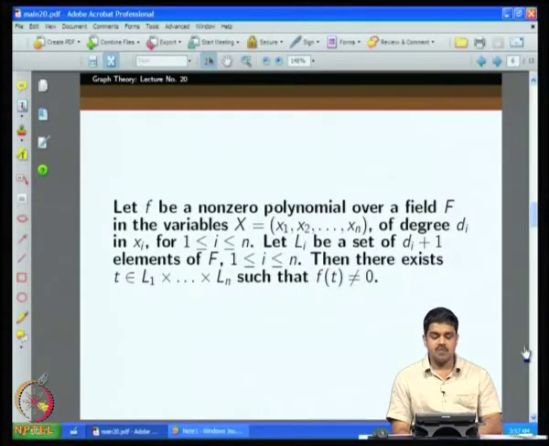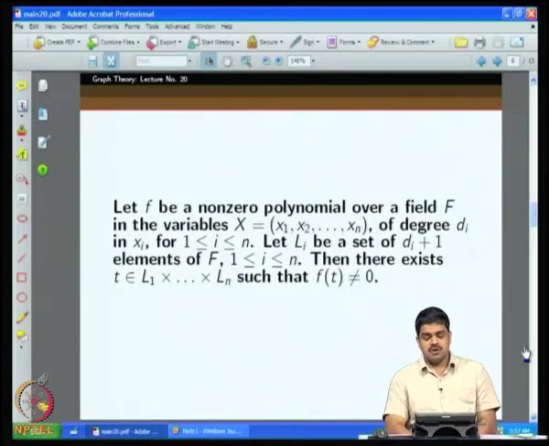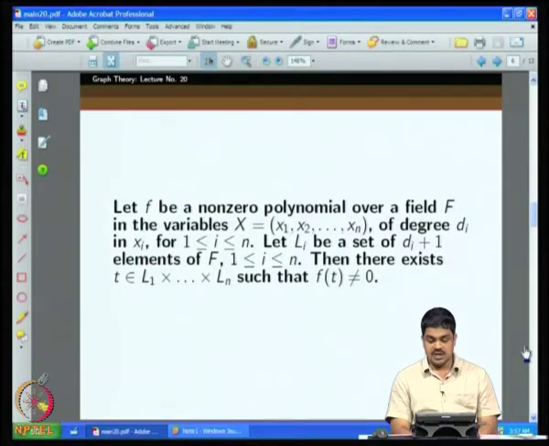If there is only one variable, it is like saying that if you give me d plus 1 values, d being the degree of the polynomial, that means x appears up to x raised to d and not x raised to d plus 1 or more, then you can only have d distinct roots.